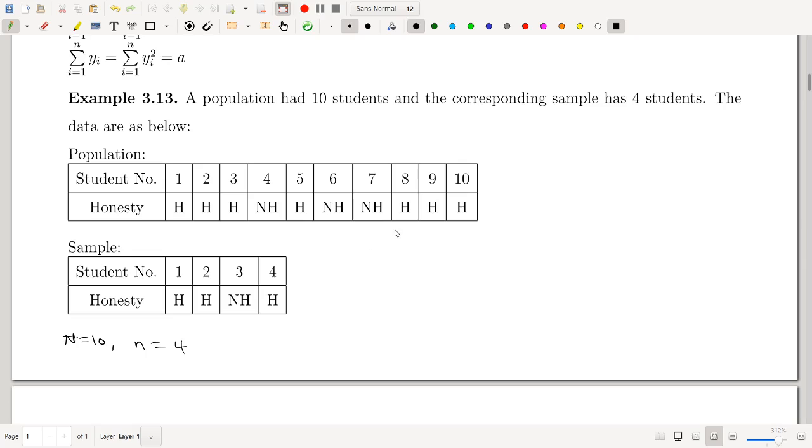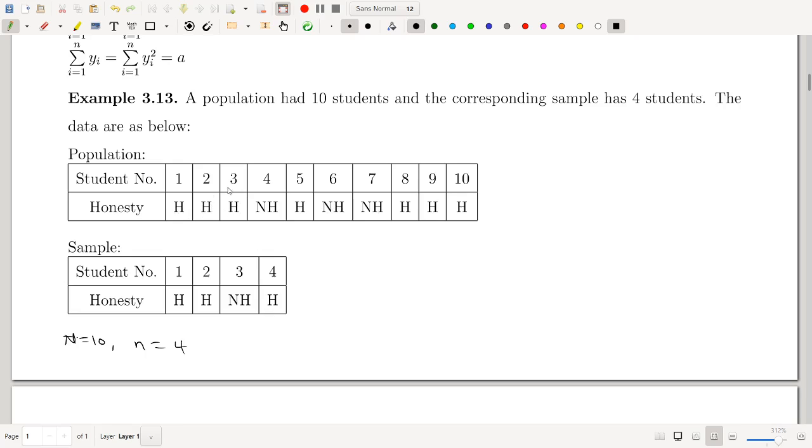The data are as follows. These are the population, these are 10 students. Our required attribute is honesty. H represents honest and NH represents not honest.